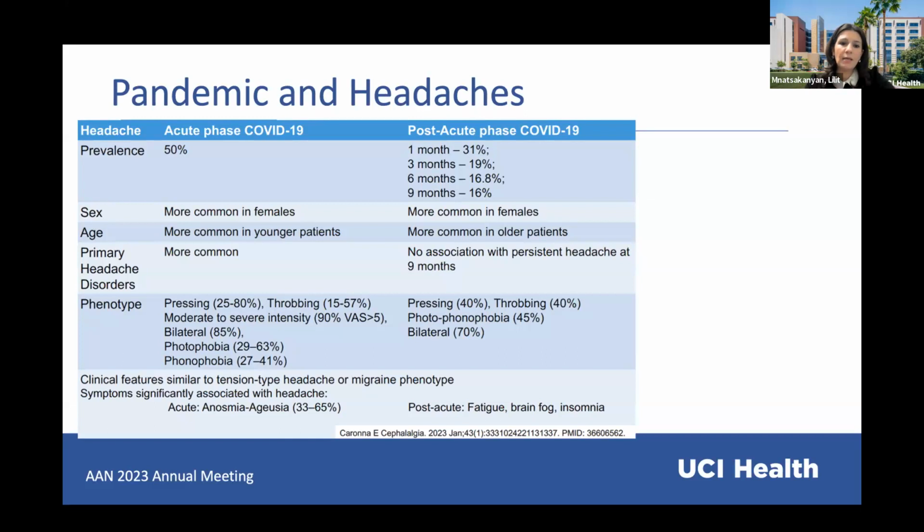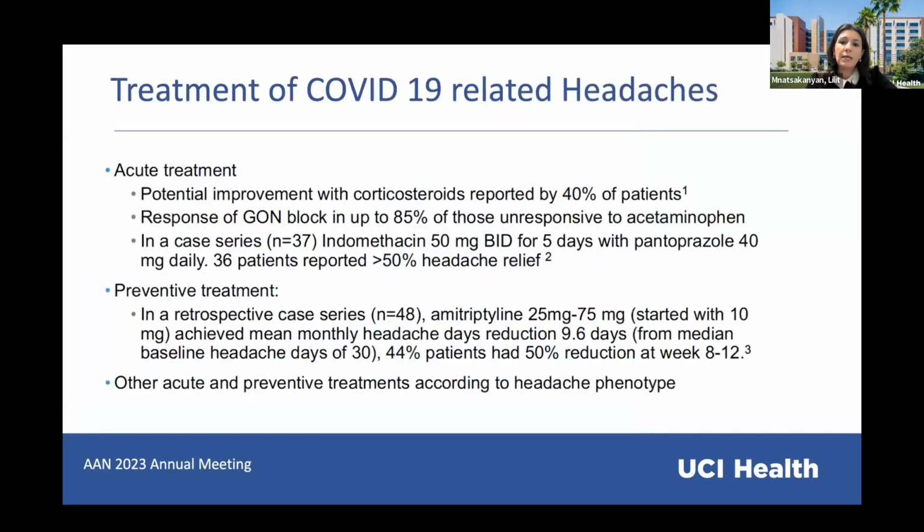The approach to COVID-19 related headaches is mostly symptomatic therapy, but there is some potential role for corticosteroids, helping up to 40% of patients. Greater occipital nerve blocks have been tried with a success rate of up to 85%, in addition to short indomethacin trials that showed over a 50% response rate.